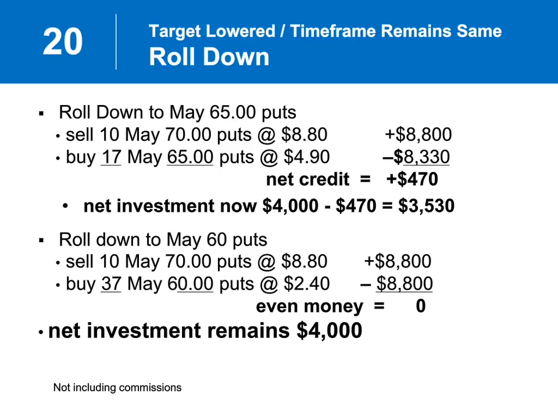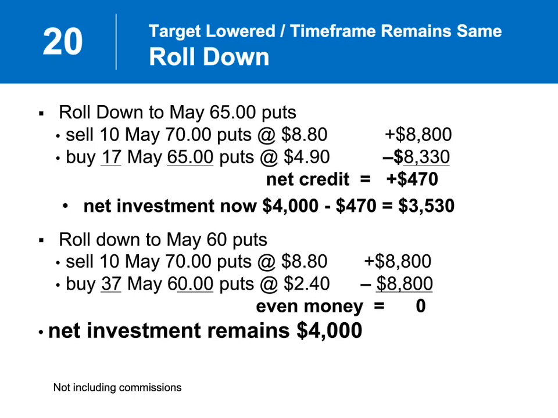We put $470 in the bank already. That 470 is from that original $4,000 investment. So we would have $3,530 on the table, and now have 17 of the 65 puts as opposed to 10 of the 70s. So that's where the leverage comes in.